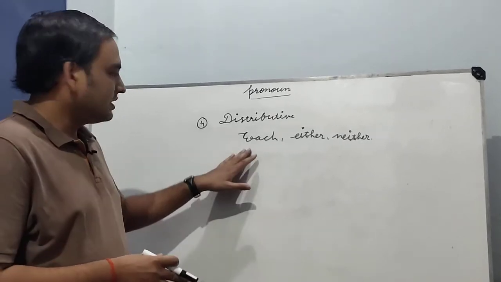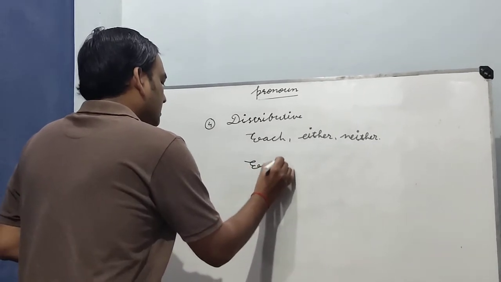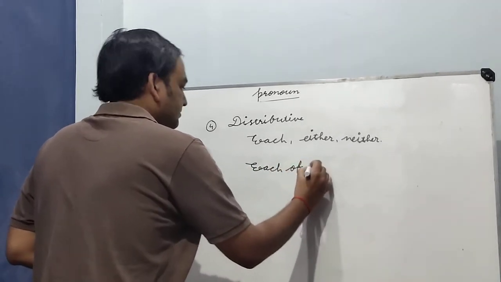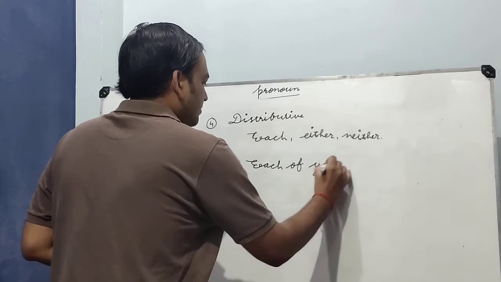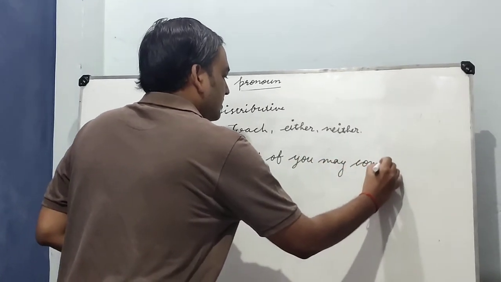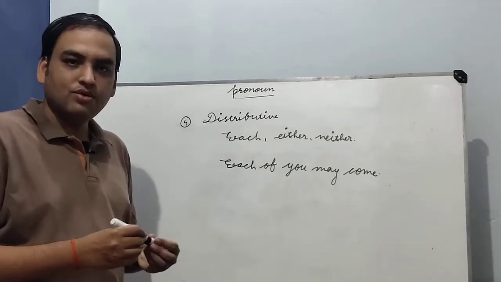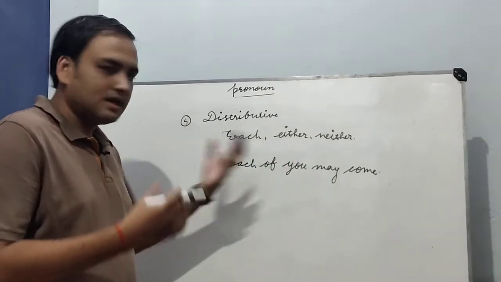Okay, for example, each of you may come. Okay, it means that आप में से कोई भी या प्रत्येक आ सकता है.